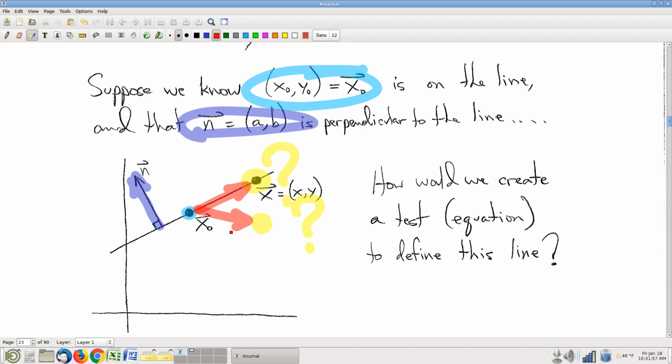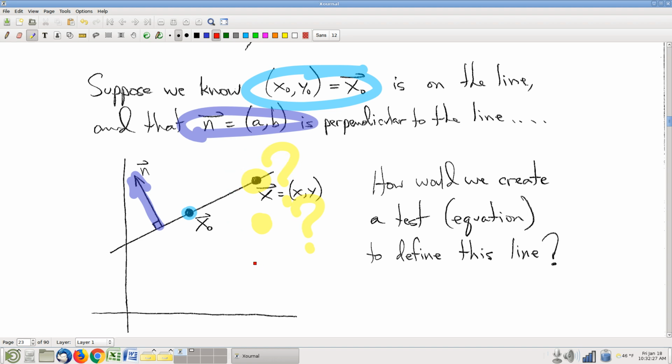So this red vector, x minus x naught, and I make the case that if the point is on the line, x minus x naught is parallel to the line. If x is not on the line, then x minus x naught is not parallel to the line, right? So it's not clear how useful this is, but we have a crisp geometric test of whether a point is or is not on this line.